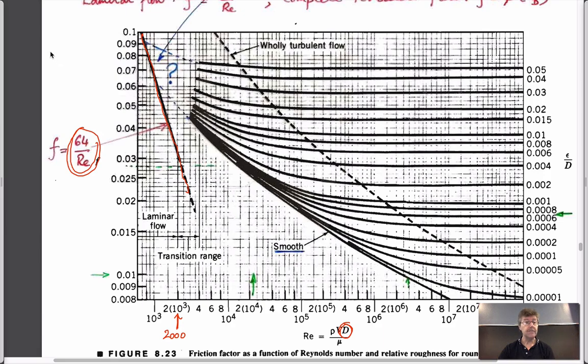unfortunately, I suppose, if we look at the head loss for that circumstance, it would be the friction factor times length over diameter times velocity squared over 2g. And I say unfortunately because obviously the velocity turns up in this term as well.